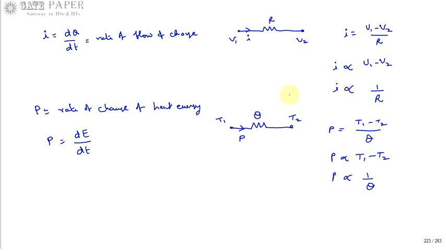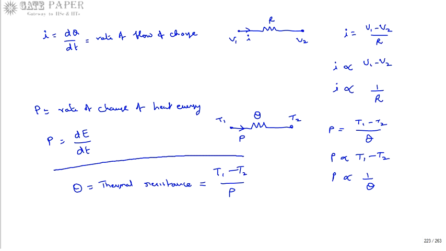This is a very important equation, and theta can be calculated as (T1 - T2)/P. Thermal resistance is always related to the power dissipated across the junction.